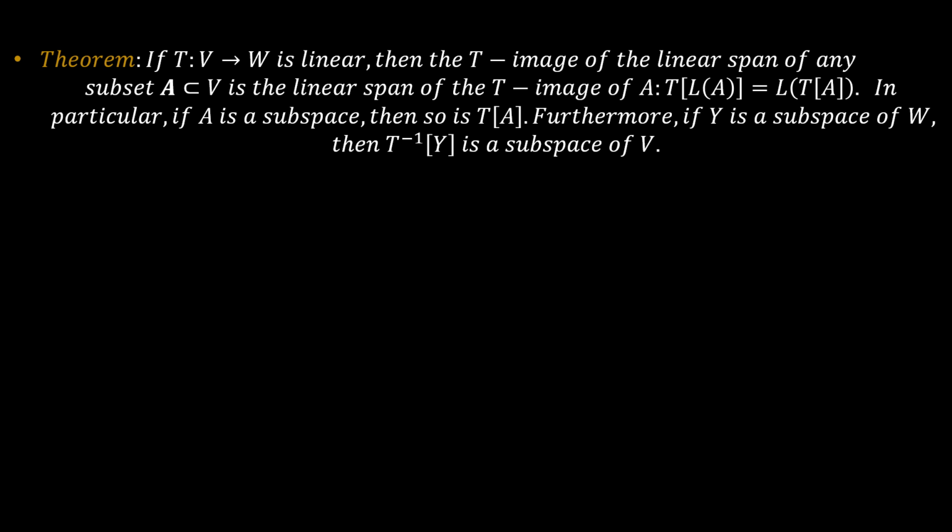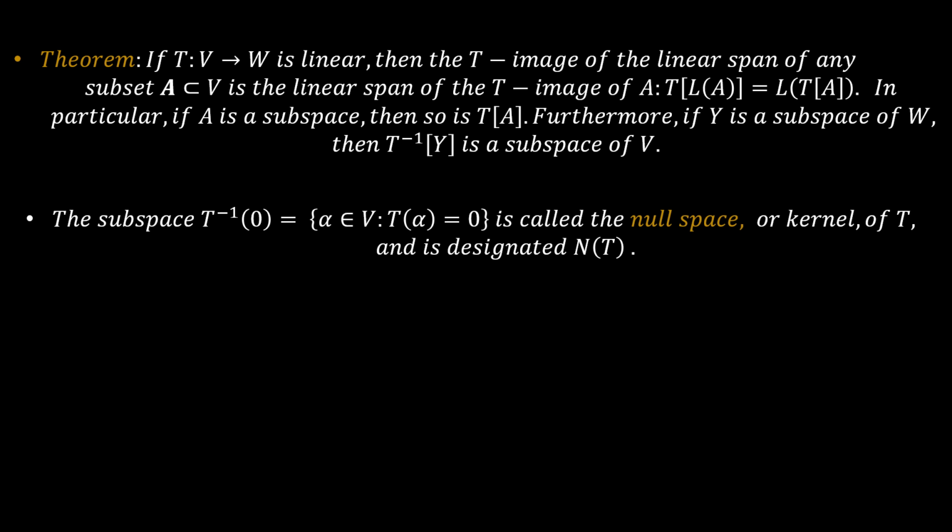So this is obvious. Now we can say in particular, if A is a subspace, then so is the transformation on A. Furthermore, if Y is a subspace of W, then the inverse transformation of Y is a subspace of V. One other thing we would like to say is that the inverse transformation of 0, if that be equal to alpha, which is an element of V, then the T transformation of alpha is 0.